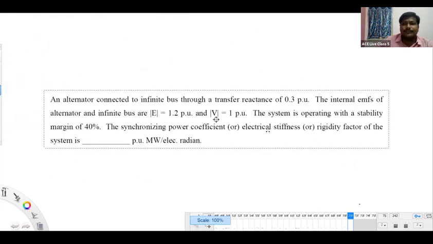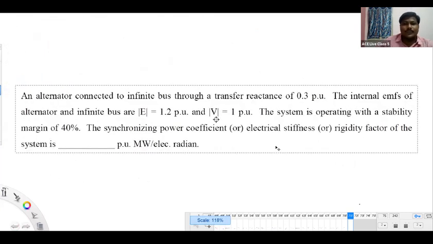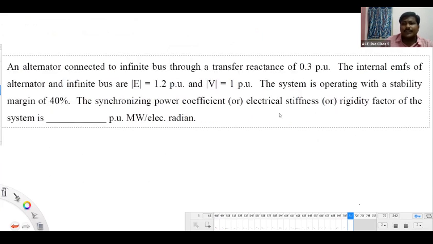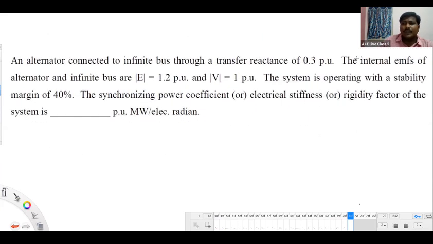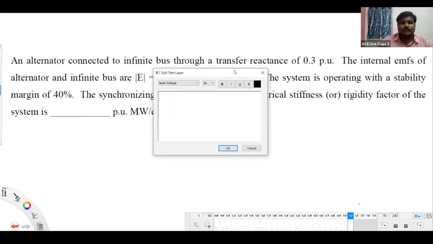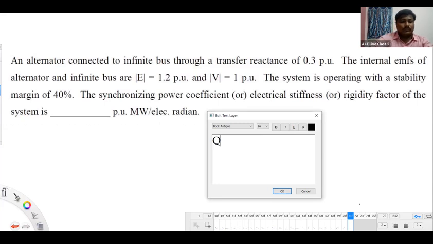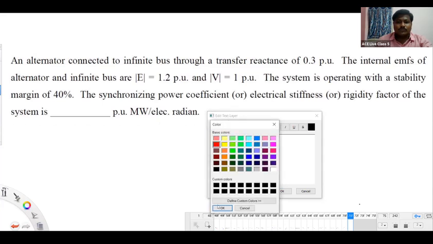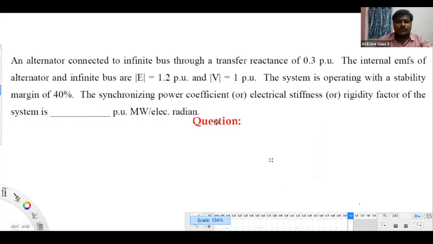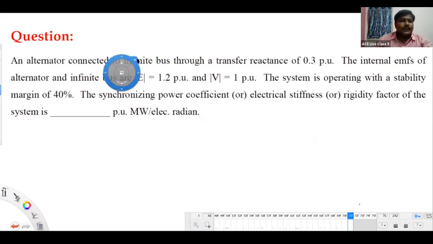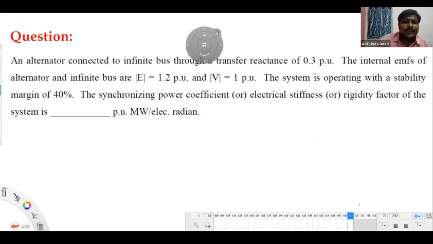See this one? One more definition I want to tell you by using this problem. Just look at this. An alternator connected to an infinite bus through a transfer reactance of 0.3 per unit.